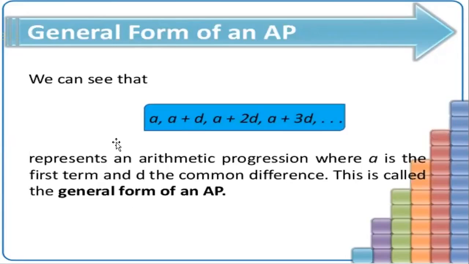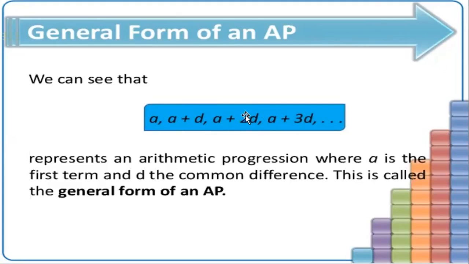General form of an AP. Let us see how we take the general form. If the first term is a, how will the second term be obtained? a plus d, we will add d, that is the common difference, to the first term to obtain the next term. Second term is a plus d, add d to it and what will we get? a plus 2d.